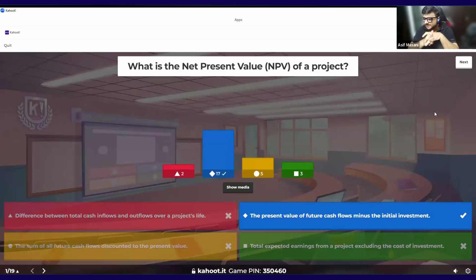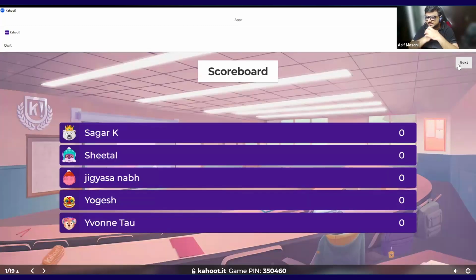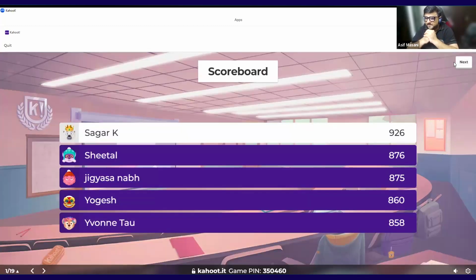So it is the present value of future cash flows minus the initial investment. We'll see more on NPV in a few minutes, but let's see who's leading the leaderboard. Okay, so we have Sagar, followed by Sheetal, Jigyasa, Yogesh, and Yon. So I hope I pronounced that right.